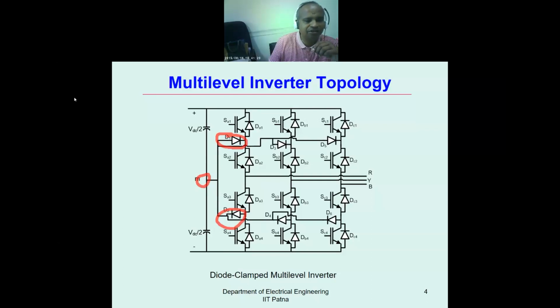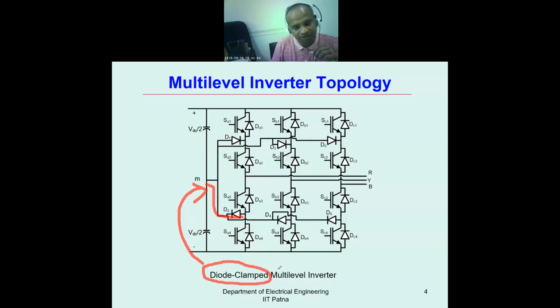The diodes are clamped to the neutral point. That's why the name of this multi-level inverter is diode clamped three-level inverter.